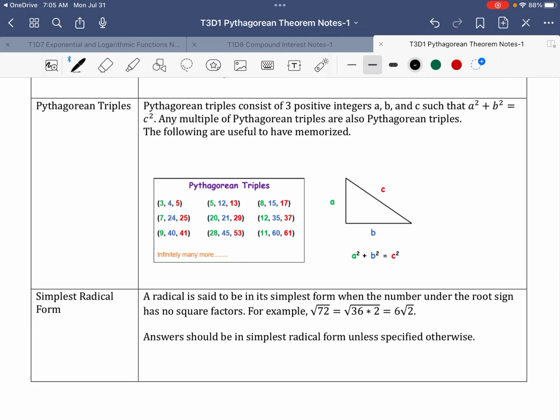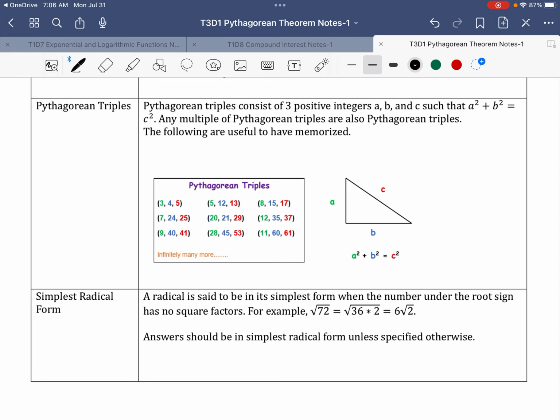Now, a Pythagorean triplet is 3 positive integers A, B, and C such that A squared plus B squared equals C squared. So it's essentially when A, B, and C are positive integers. Any multiple of a Pythagorean triplet is also a Pythagorean triplet. So they're kind of useful to have memorized, or at the very least, they're familiar numbers that you'll see relatively often, right?